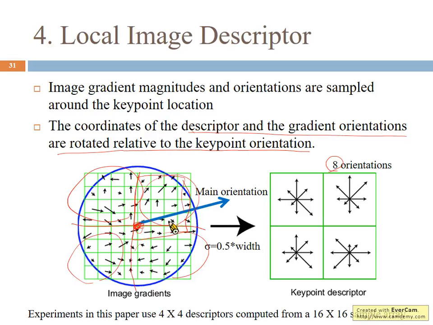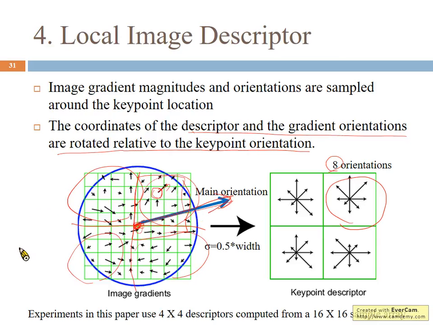And the most important part is that we have already determined the main orientation. Therefore, for constructing the orientation histogram, we calculate the increased angle between the pixel's gradient orientation and the main orientation.